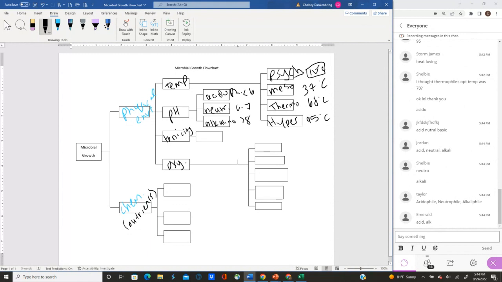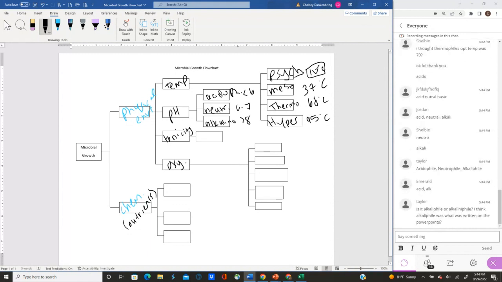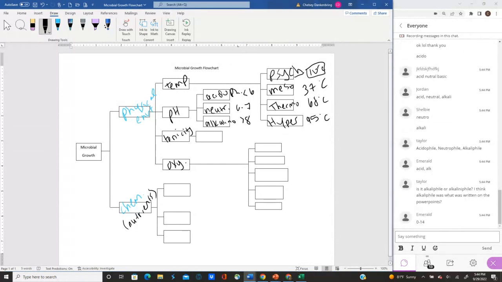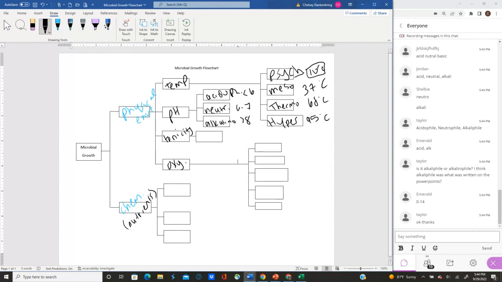Now, I am going to be more dramatic on exams. I'm not going to say an organism grows at a pH of 6 and make you decide if it's a neutrophile or acidophile. I'll pick something like a pH of 2, a pH of 12, okay? It's an alkalinophile. Yep.